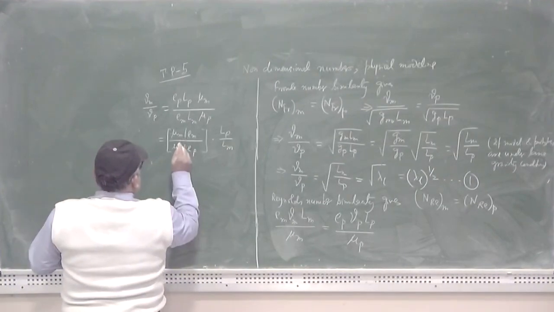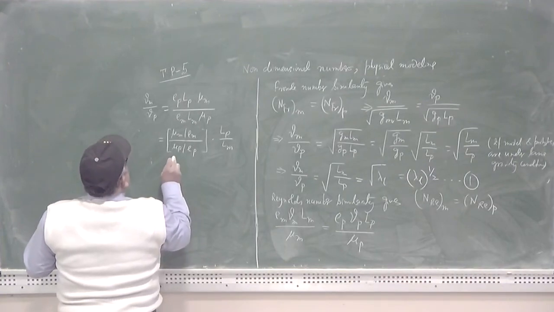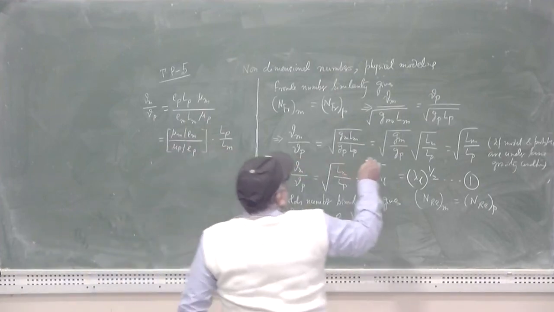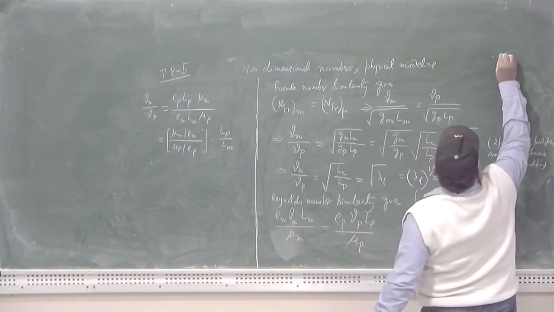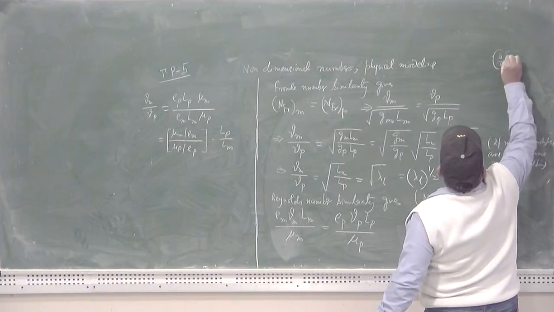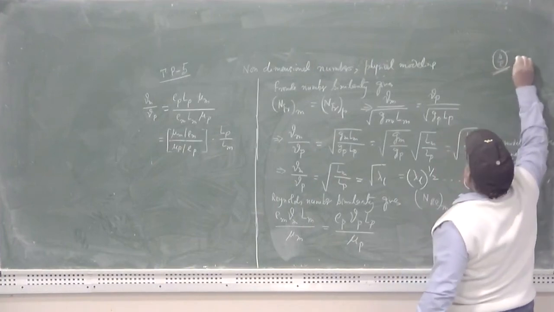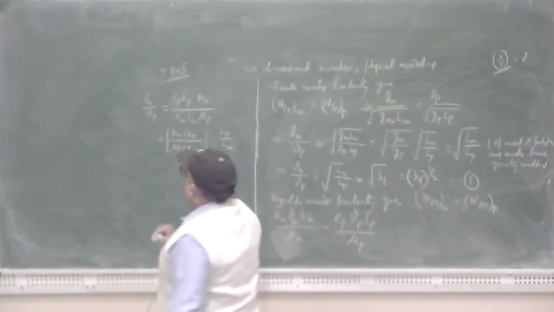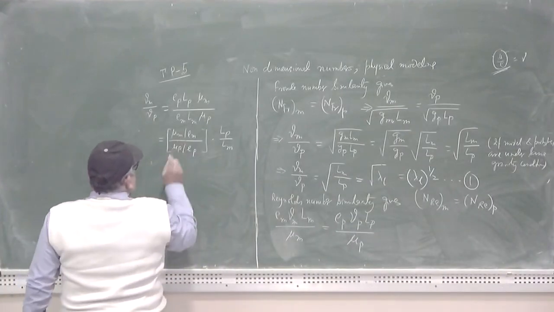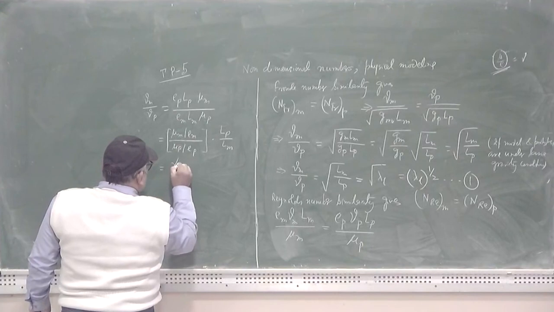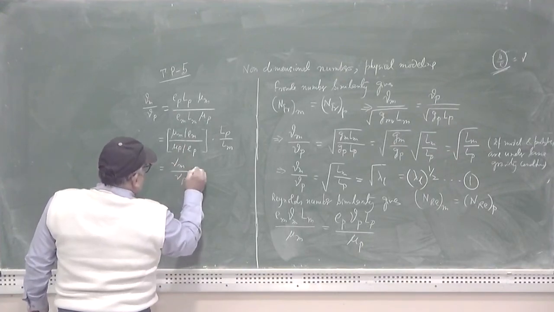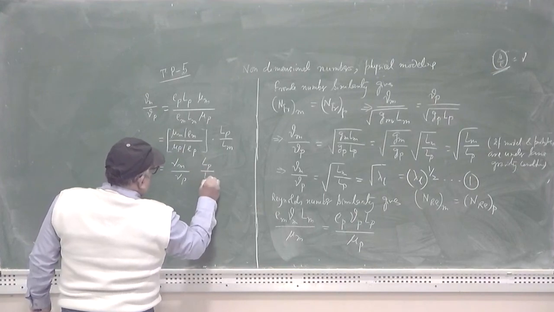This quantity mu by rho, the dynamic viscosity divided by density, is another quantity called the kinematic viscosity nu. So, that is equal to nu m divided by nu p into Lp by Lm.